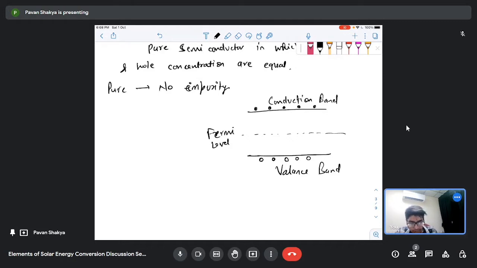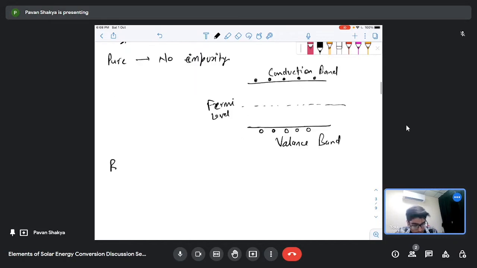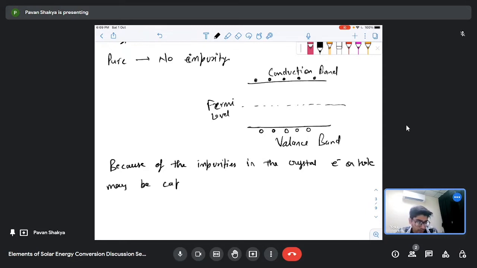If there is some impurity, then there may be a deficit of electrons or a deficit of holes. So I am writing that because of the impurity in the crystal, an electron or hole may be captured.